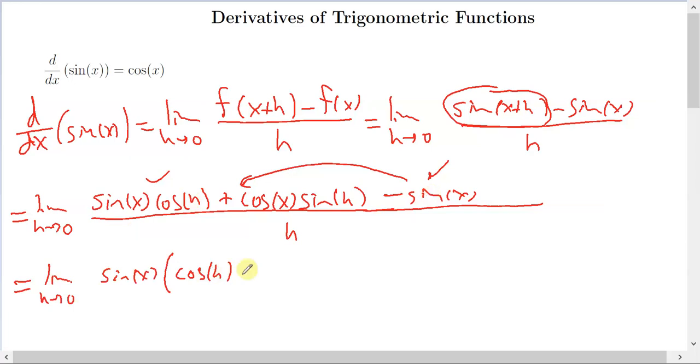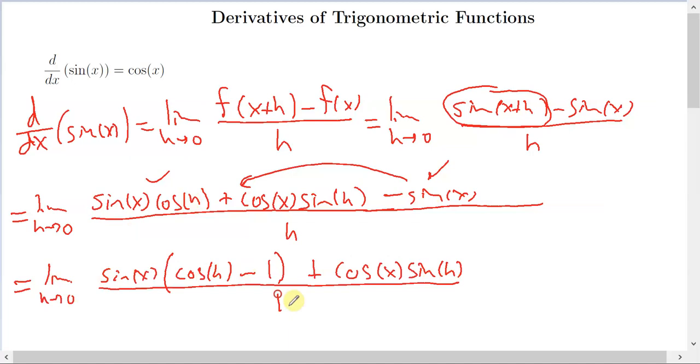Second one, I factored out the sine, so there's just going to be a minus 1 still there. And then this middle term, I'm moving over here by itself. I can't factor anything out of that one. And that's all still divided by h. And so what I'll do is split this up where this term is over h and this term is over h.